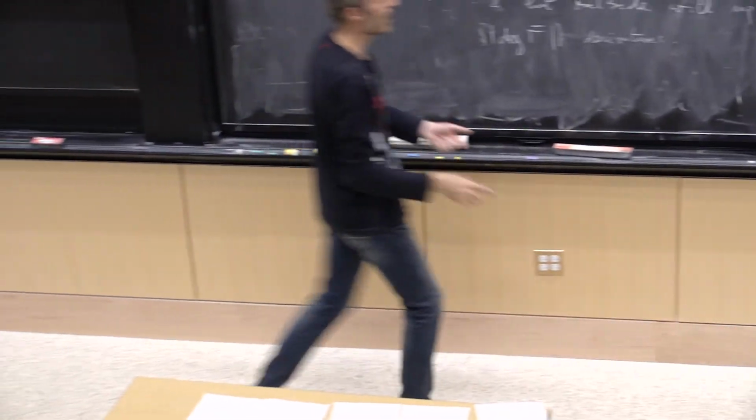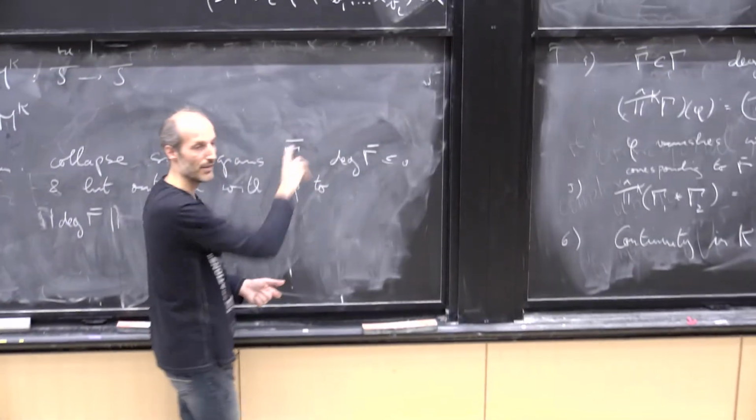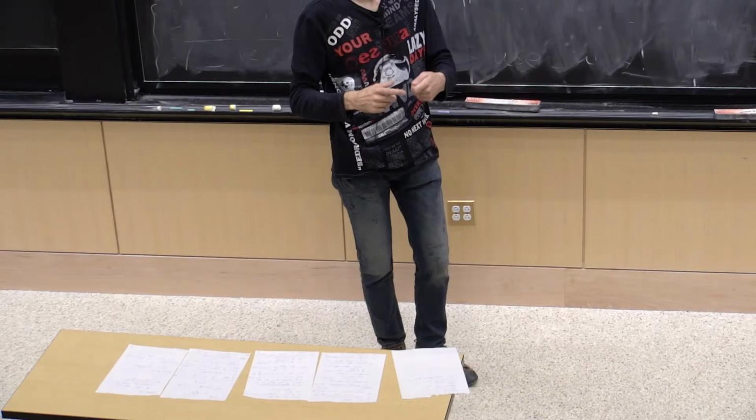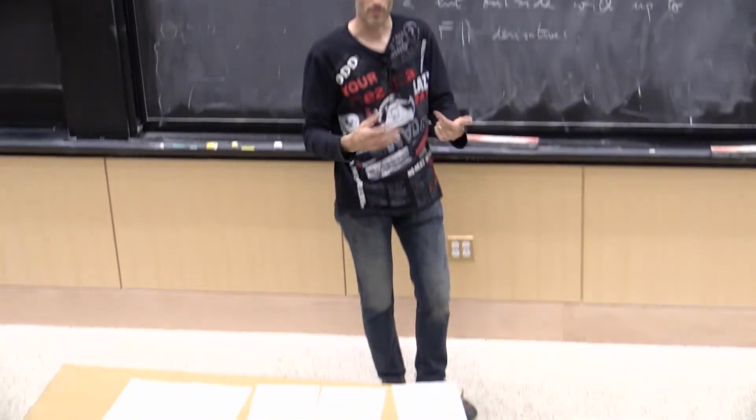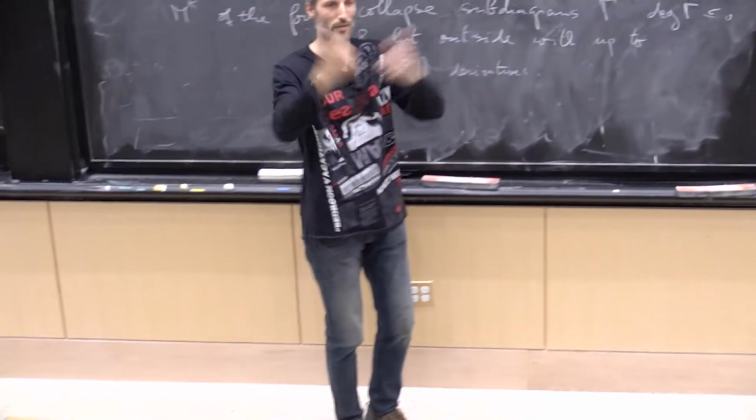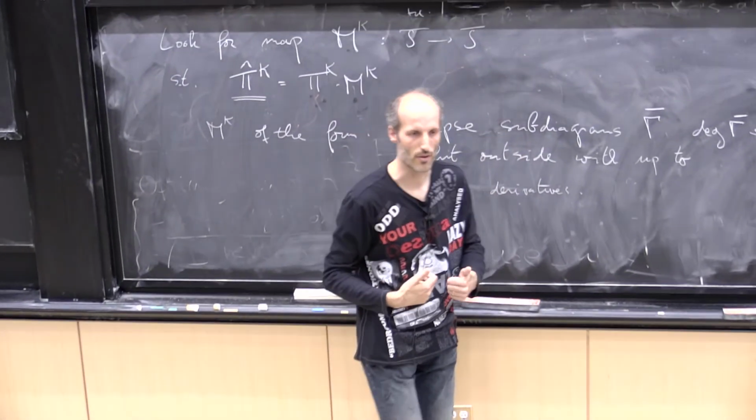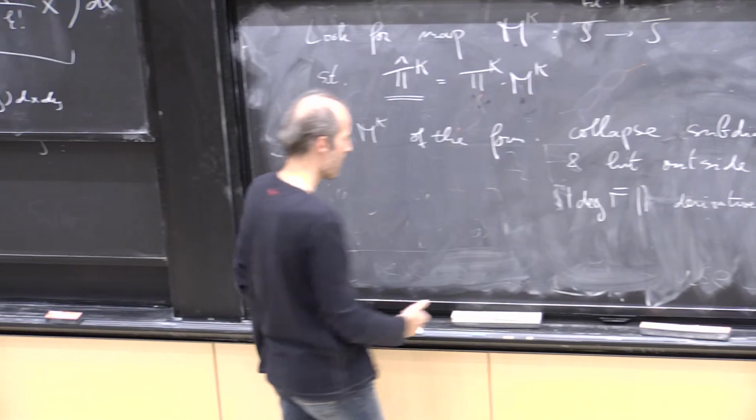So now you have to find a good way of assigning coefficients to all of these subdiagrams that might collapse, plus the various partial derivatives that you also hit the outside with. Okay?